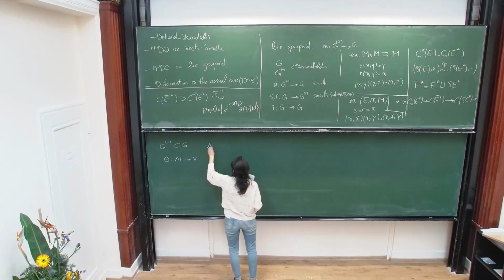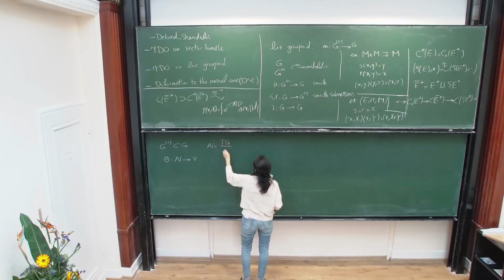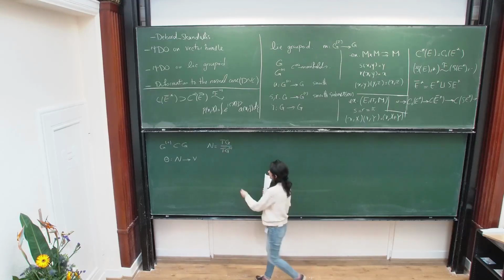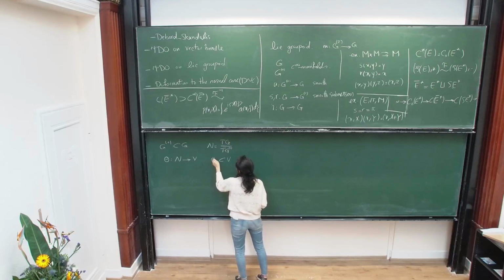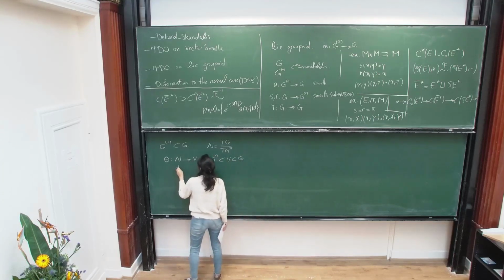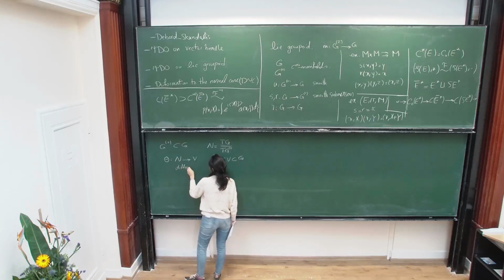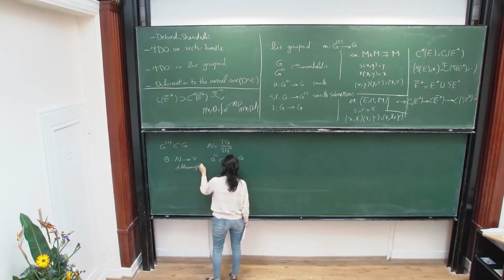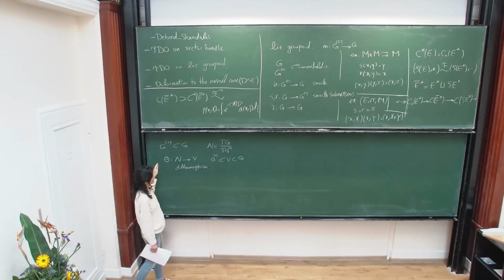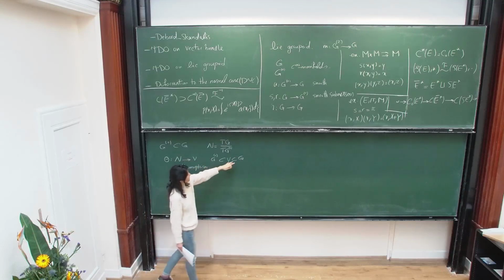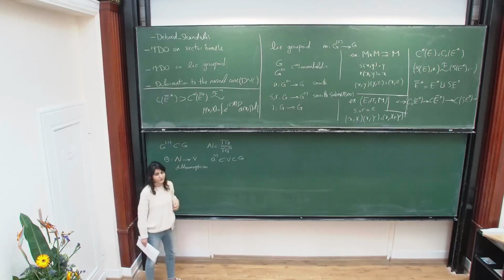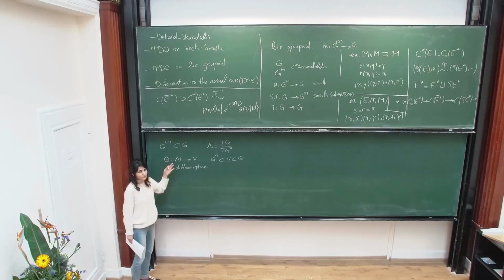N is the normal bundle of G0 in G, and V is a neighborhood of G0 in G. This diffeomorphism has the property that G0 in G looks like the zero section in N, and the differential in the normal direction is the identity. So this is the tubular neighborhood.